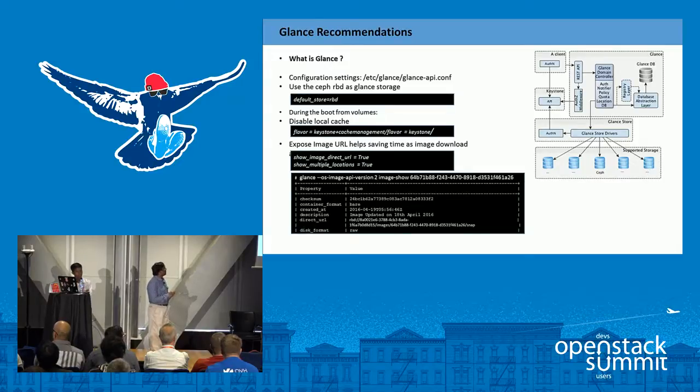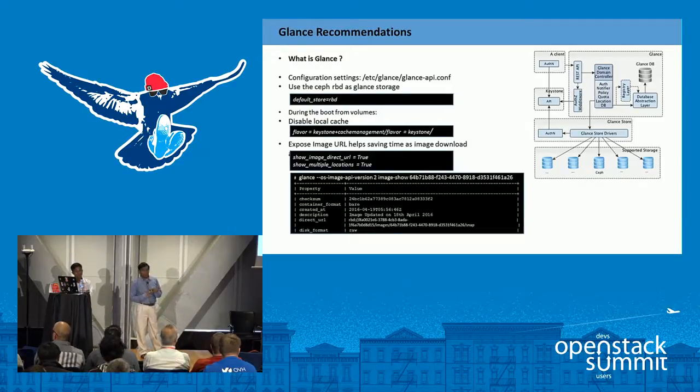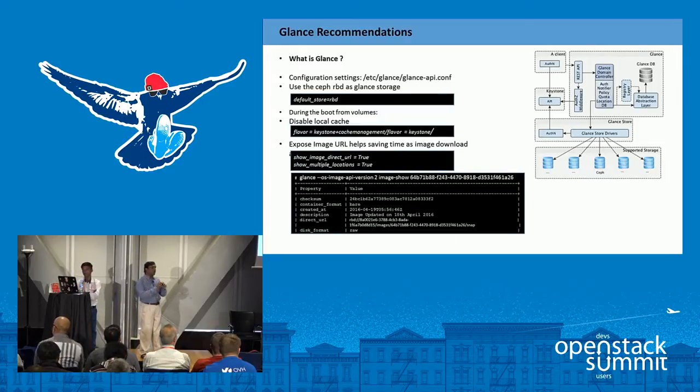The next one is a very important thing: show the image direct URL and show multiple locations. This supports us in two ways. One, there is no download required if we have the direct URL available, and no copy required, because we know where the image is available.